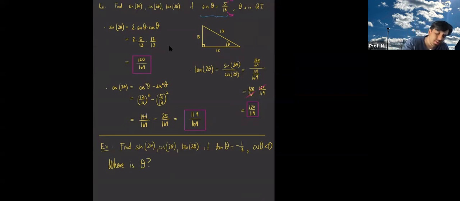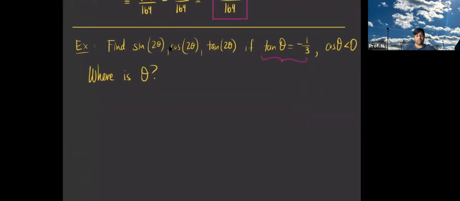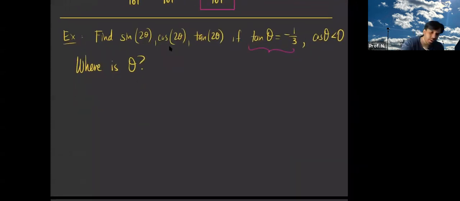What quadrant is theta in? Well, let's look at tangent. Tangent is negative. What quadrants is tangent negative? 2 or 4. So quadrant 2 or quadrant 4. Good. And then how about cosine? Where is cosine negative? 2 and 3.